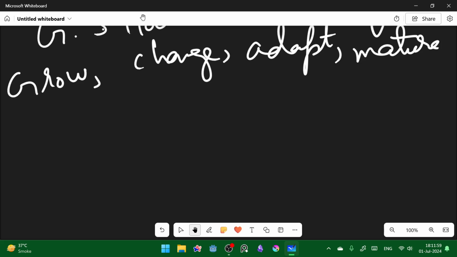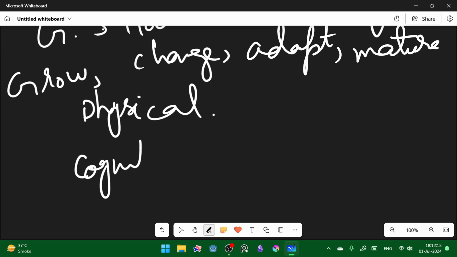These changes majorly include number one, physical. For example, growing of our body, our height, our size of the head, all these are included in physical changes. On second number, we see cognitive or mental abilities. For example, an individual cannot speak after birth, but with the passage of time, he can speak, he can write essays, he can participate in different debates.